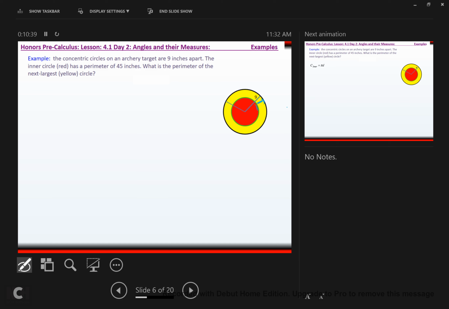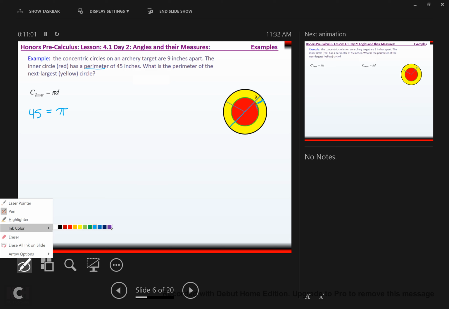All right, well, what you have to know here is they're giving me perimeters of circles. Perimeters are circumferences. So the circumference of the inner circle will be pi times diameter. I know the circumference is 45, and that's going to be pi times the diameter. Now, the diameter of the little circle, from here to here, I don't know, so I'm going to keep it d.